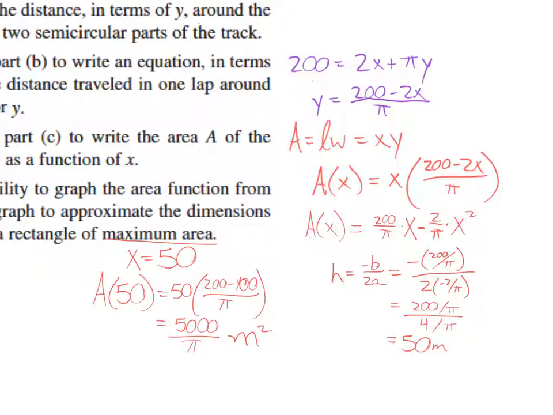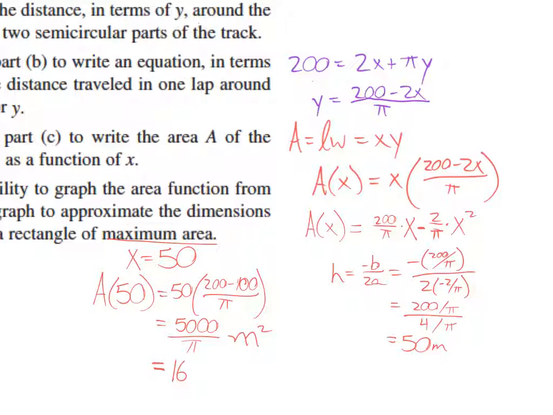At this point, you could go ahead and divide by the value of pi to get a number that makes sense to us. So that's going to be what, like 1,600 something? Why do we ask for the vertex?